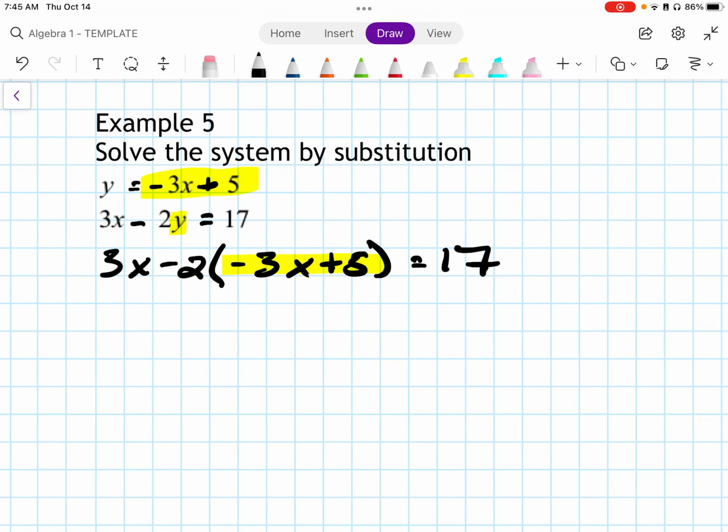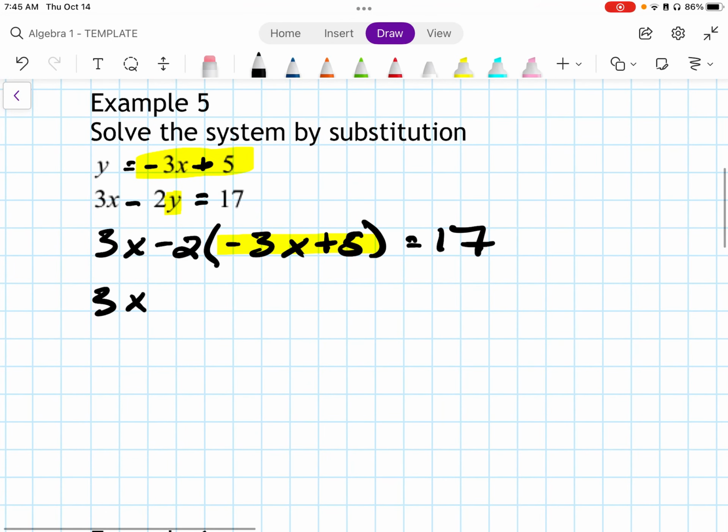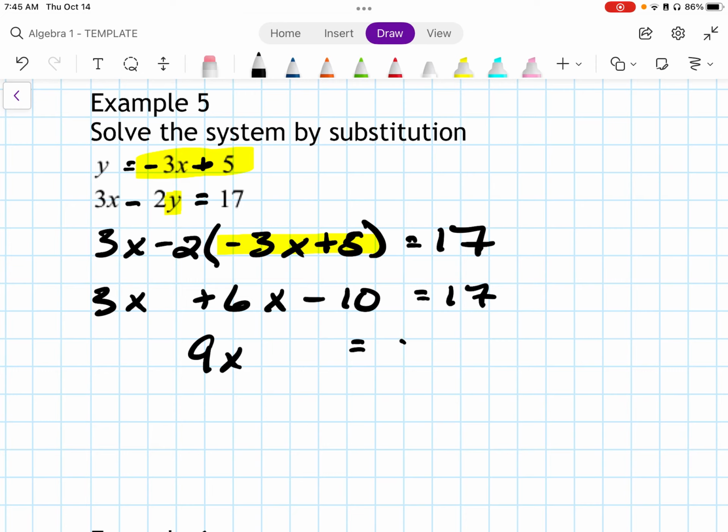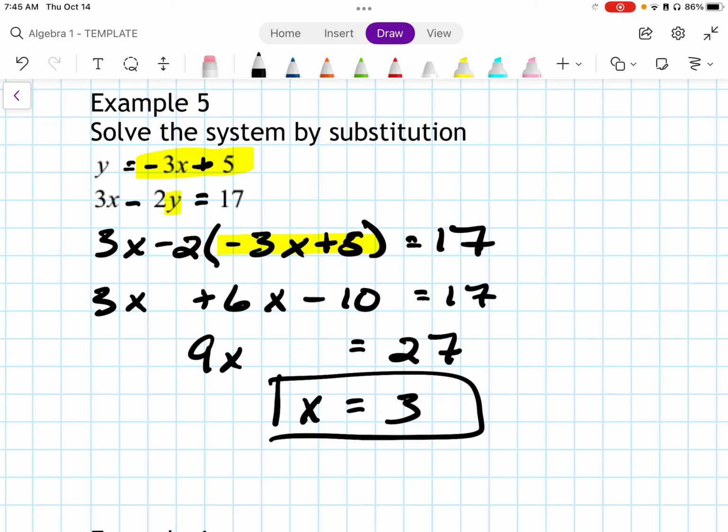Now we just have to solve this equation. We have 3x, that'll be plus 6x minus 10 equals 17. So 9x equals 27 and x equals 3. But we're not done yet. We have to plug back in to get our y. It doesn't matter which one you plug into now, but you want to make the decision on which one would be easiest, right? I think the easiest one would be that top one.